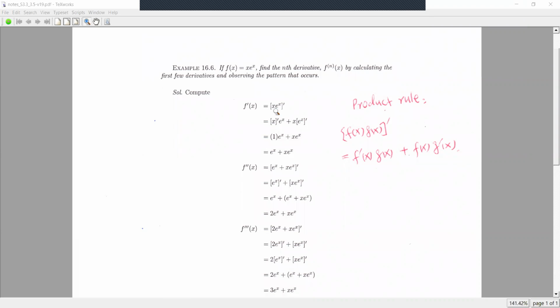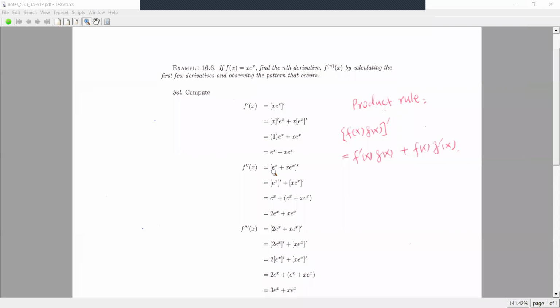The function is a product, so by product rule, we have this equation. Derivative of x is 1, and derivative of e^x is e^x. So this is the result of the first derivative.